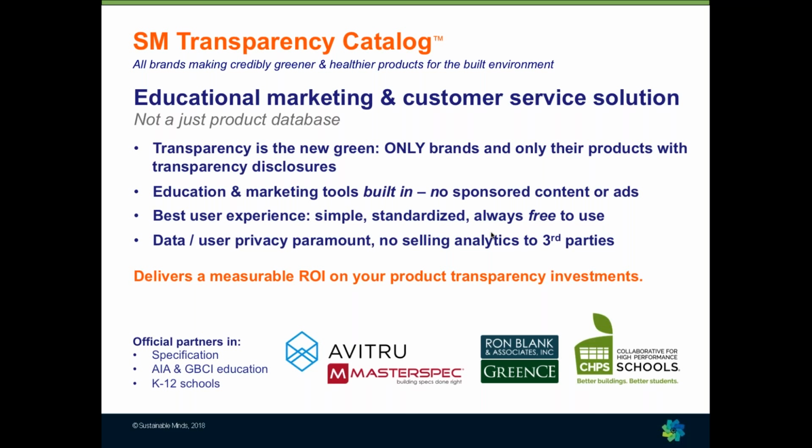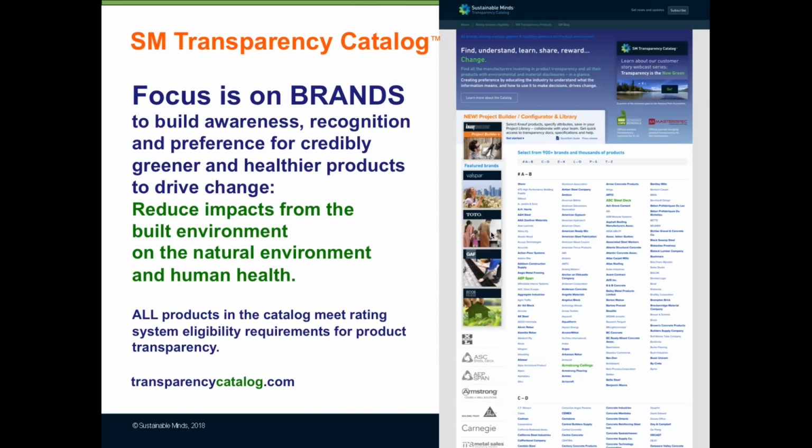People pay an annual subscription and you get products and services. Our business model is not to monetize data, either user data or analytics, which is another kind of business model. It's just not ours. We're a software company. We sell subscriptions. And we also focus very clearly on showing the manufacturers how to get a measurable ROI on their product transparency investments.